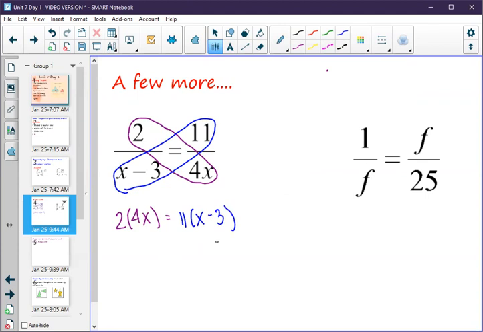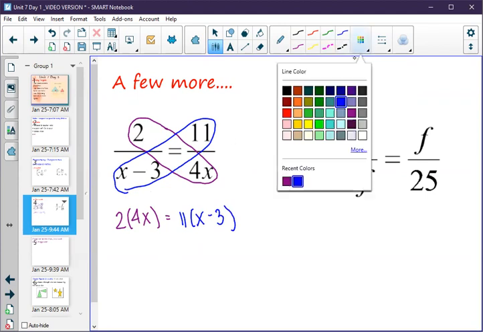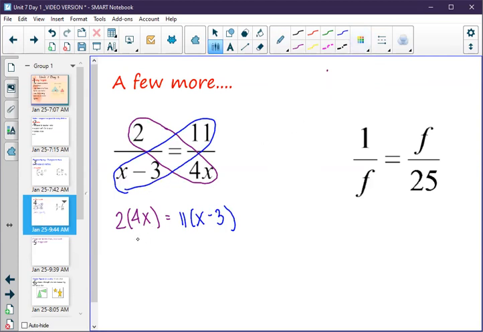So I got rid of my fractions, and now I can do some simple algebra to solve. On the left side, 2 times 4x is 8x. Here I need to distribute the 11, 11x minus 33.